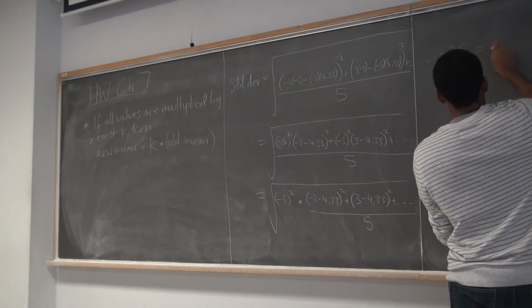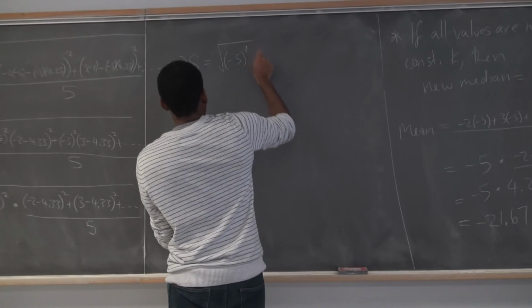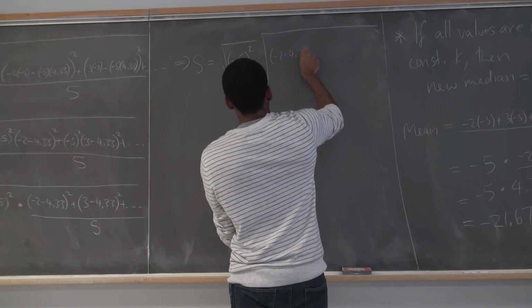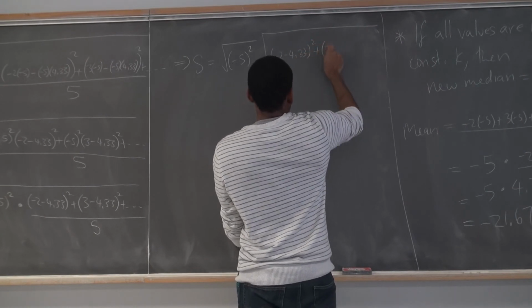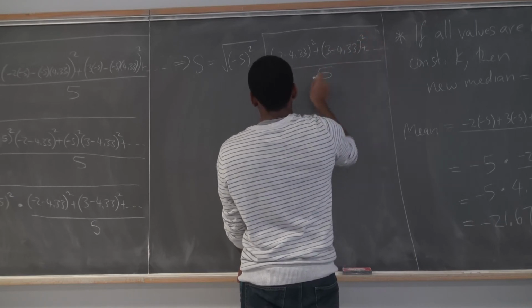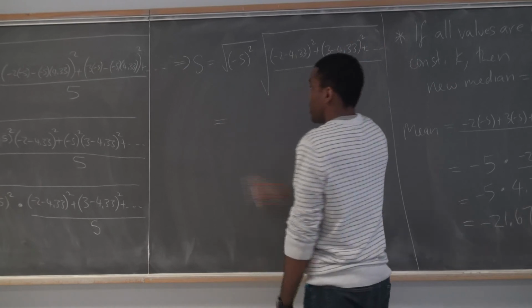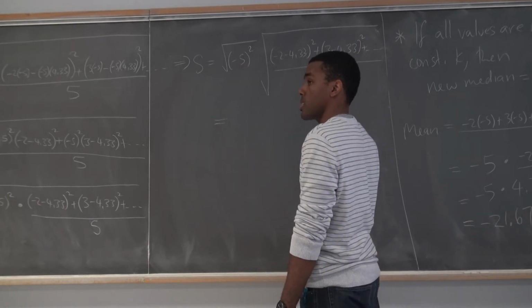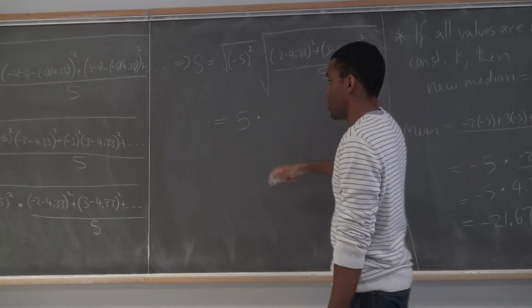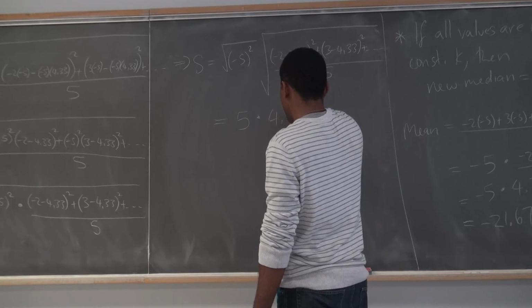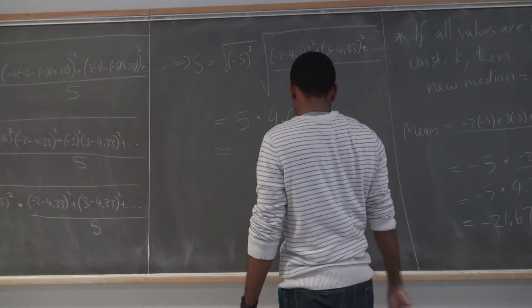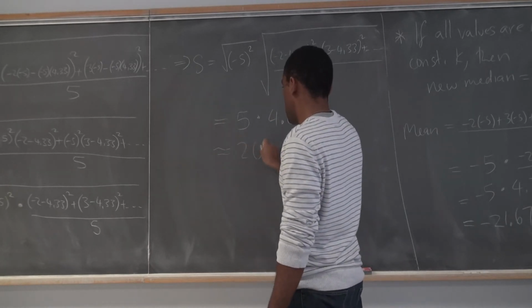So S is now -5 squared times... what's this number? It's just 5 times the old standard deviation, right? Which was 4.08. So that's roughly 20.4.